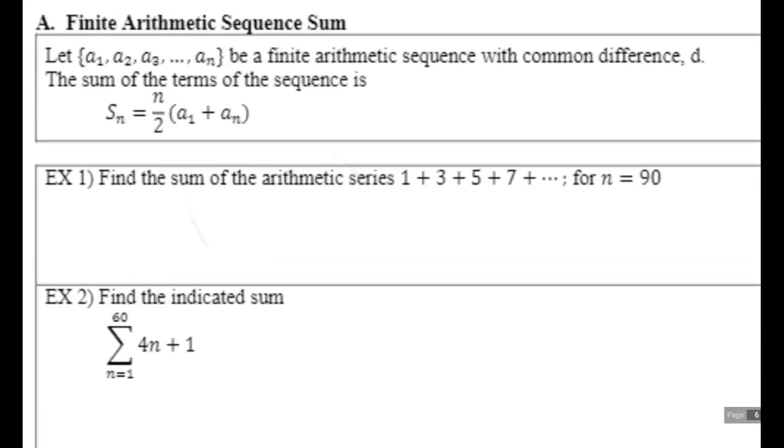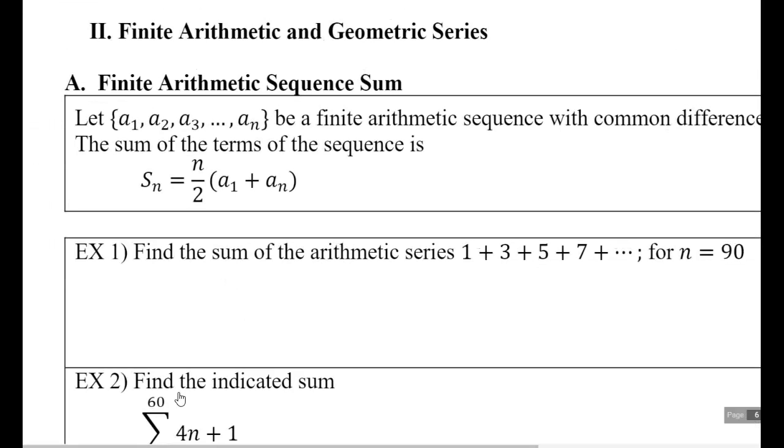So if we have an arithmetic sequence, they created this formula to find the sum if you don't have a calculator, so that you don't have to plug these things into a calculator to get your answer. You can just use this formula.